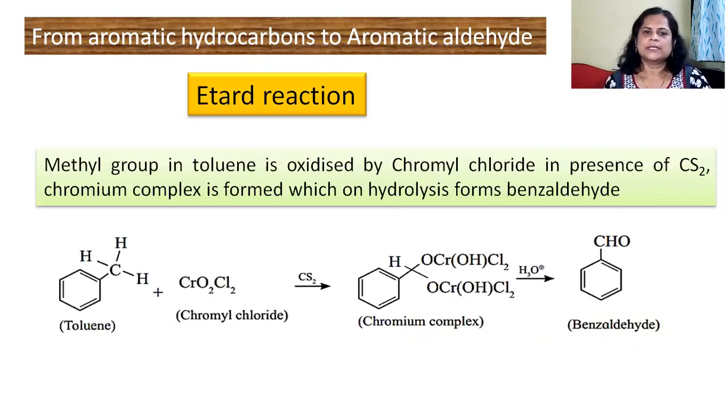Now, where we are using chromyl chloride in presence of carbon disulfide with this aromatic hydrocarbon, that reaction is known as the Etard reaction. So what is the Etard reaction? When a hydrocarbon reacts with chromyl chloride in presence of carbon disulfide, you get an aromatic aldehyde as the product, and the name for that reaction is the Etard reaction.